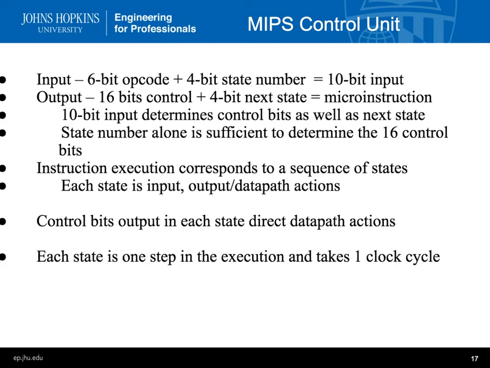Okay? So doing one instruction is a sequence of states, and each state has an input, and the 20-bit output data micro instruction, and it goes through the data path. And each state is one step and takes one clock cycle.